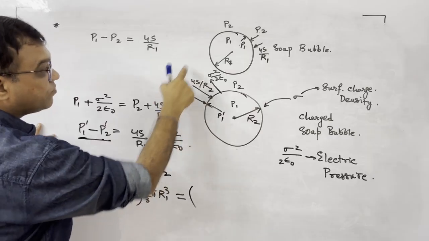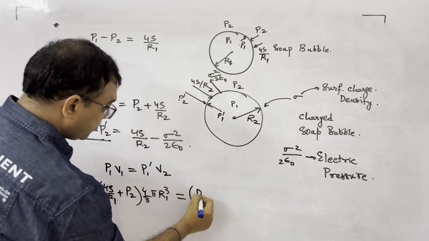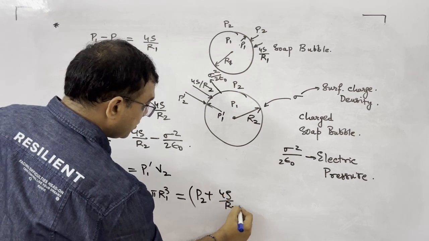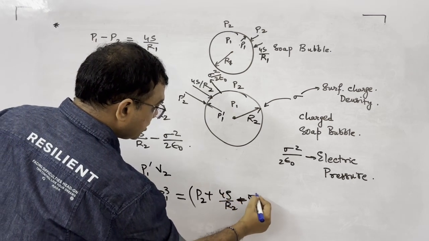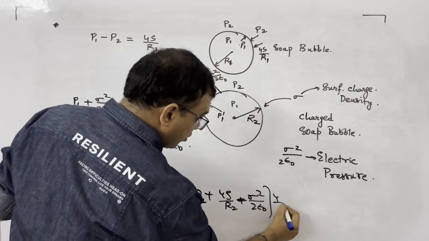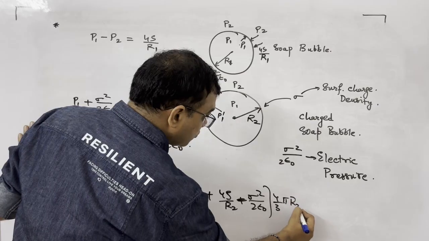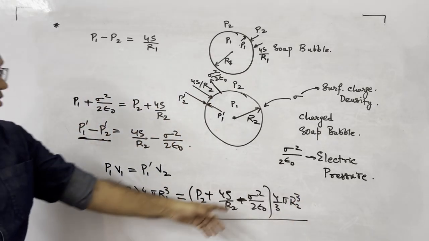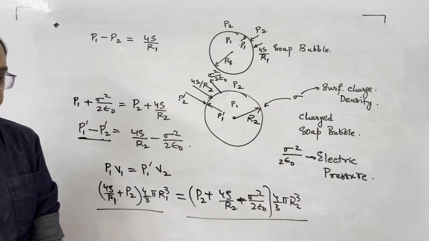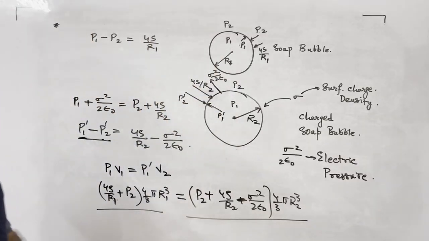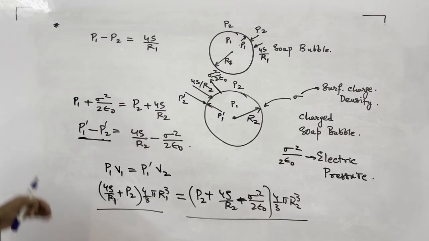P2 dash is same as the surrounding, so I can write P2 only. P2 plus 4S by R2 minus sigma square upon 2 epsilon naught, into new volume 4 by 3 pi R2 cube. By using this equation we can find the value of R2, the new radius also, right? This is what happens when a soap bubble has been given charge, that has been explained, right?